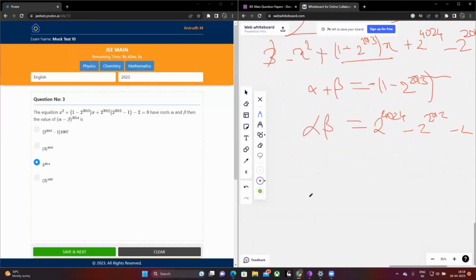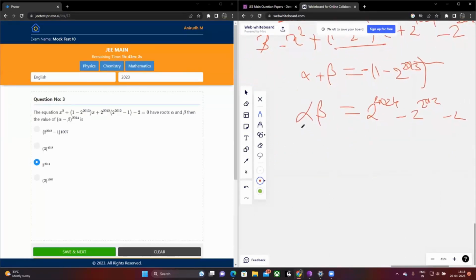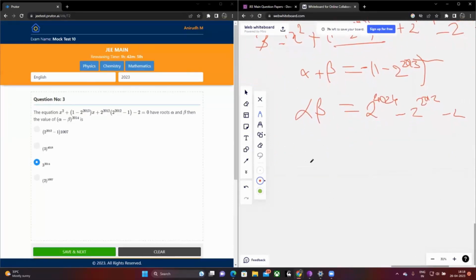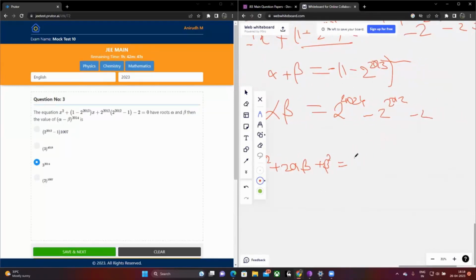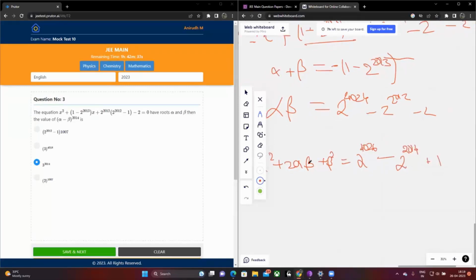Now we have to square alpha plus beta. That is basically getting alpha square plus 2 alpha beta plus beta squared equals this square. I'm just directly expanding it. This is basically 2 power 4026 minus 2 into 2 power 2013, that is 2 power 2014 plus 1, right?